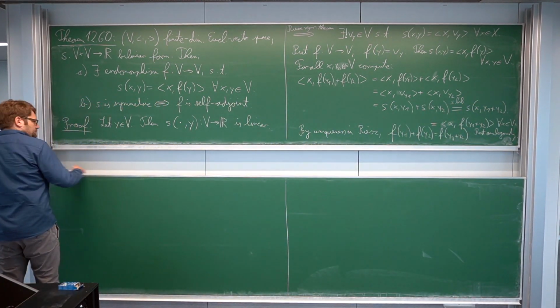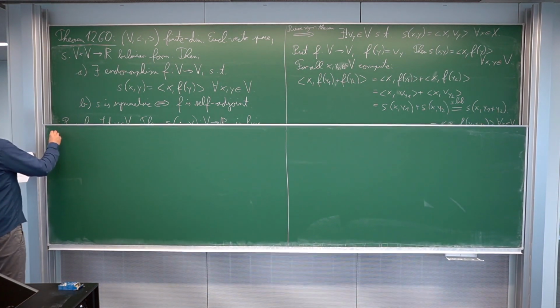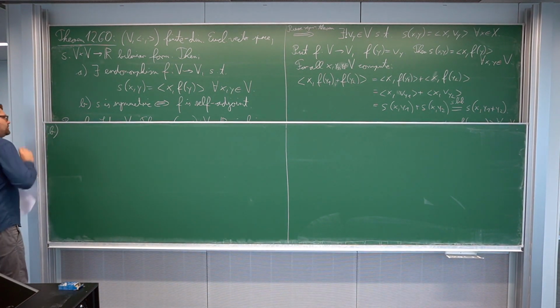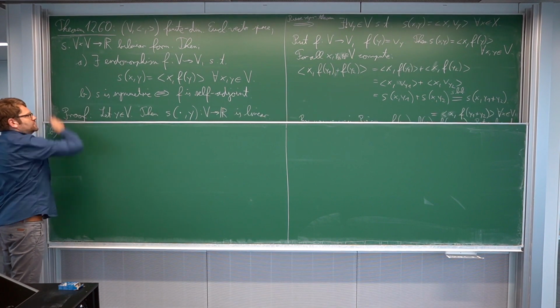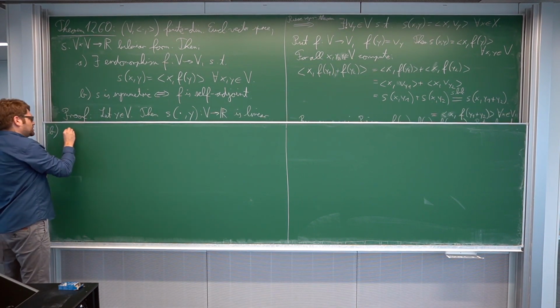And for part B, this is basically a one-liner. Namely, let's see if I can get it in one line. B: symmetry if and only if the map is self-adjoint. So let's do this as a chain of equivalences.